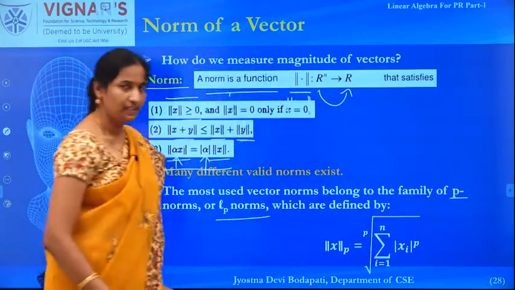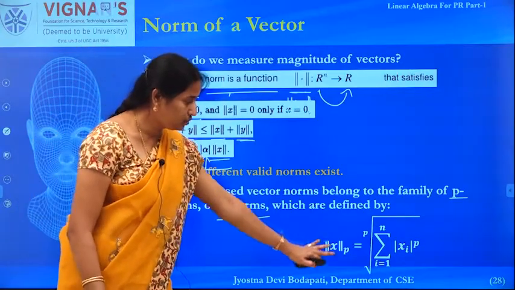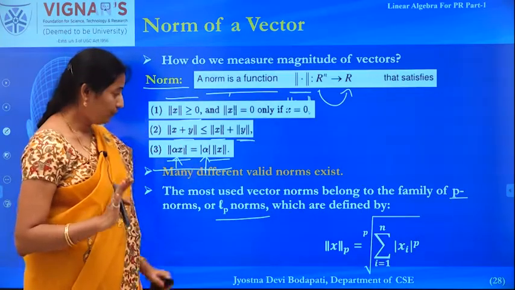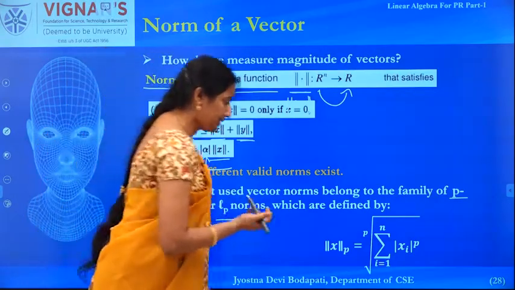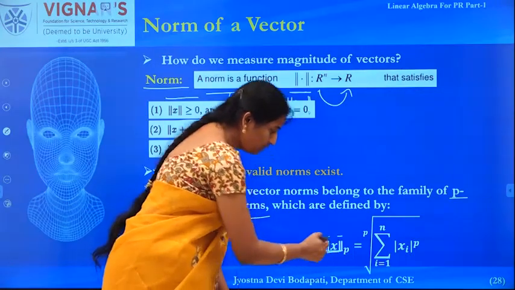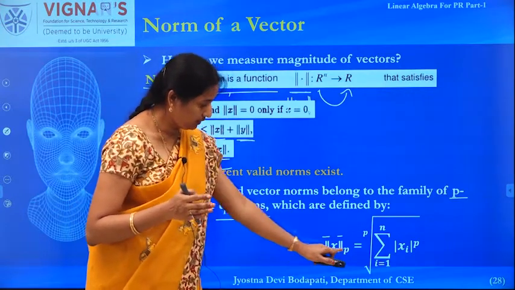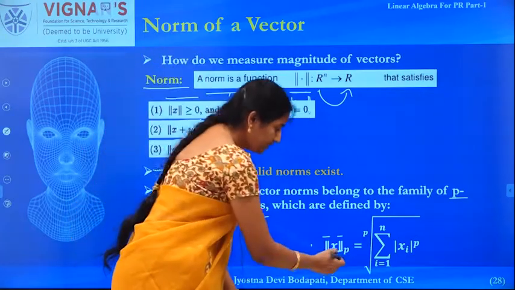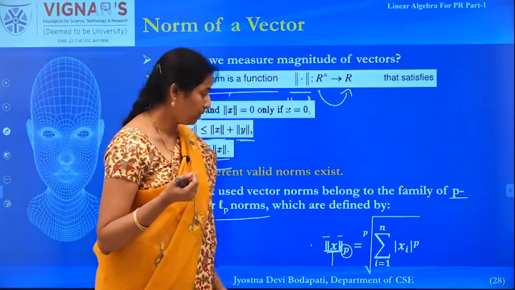So what are the different forms? We will discuss shortly. If a norm can be defined using this formula, then such norms are called P norms or LP norms, and these LP norms are very, very popular. Now let us see what the general form is. It is represented with the vector placed in between pipe symbols, either a single pipe or two pipe symbols, and the subscript P indicates which type of norm you are going to compute.